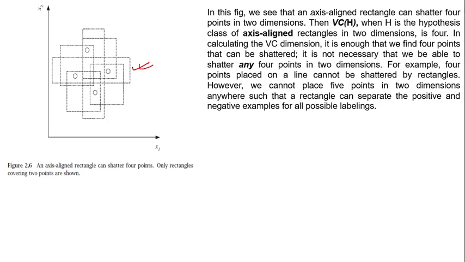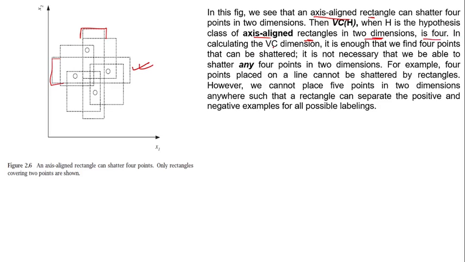So an axis aligned rectangle can shatter. Axis aligned means it will be like this, or like this, okay? So the VC(H), when H is the hypothesis class of axis aligned rectangles in 2 dimensions, is 4.